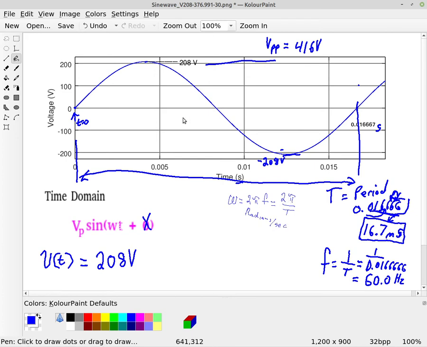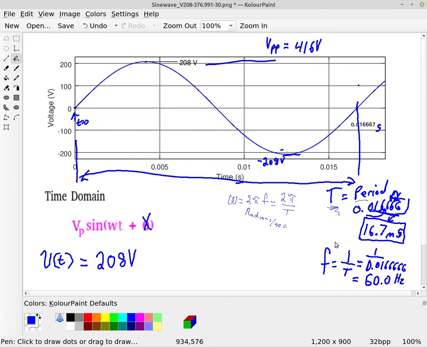So when we look at how long it takes for a complete cycle of a sine wave to occur, we could look at it in 3 different units. We could look at it in time, in seconds or milliseconds, how long it's going to take for one complete cycle. That would be the period.